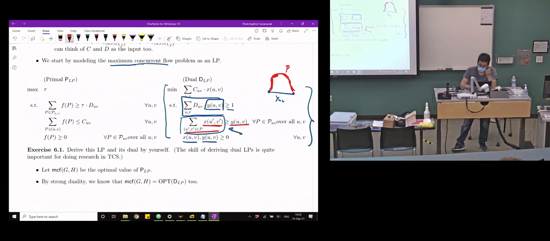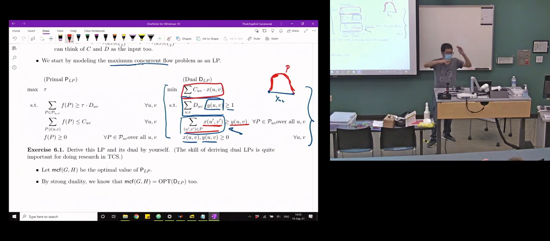Okay. And at the end you would like to minimize the total x. So you assign x weight in the graph, and you want to minimize the total weight in this graph.